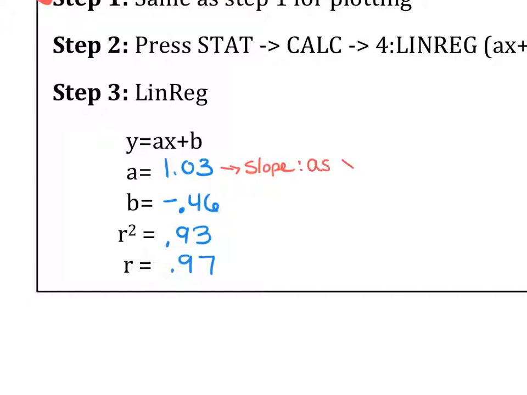So as x increases by 1, y increases by 1.03. You're going to have to be able to explain slope like this.